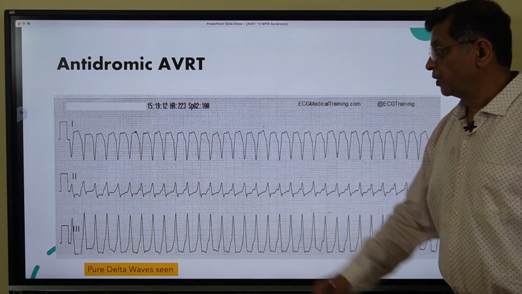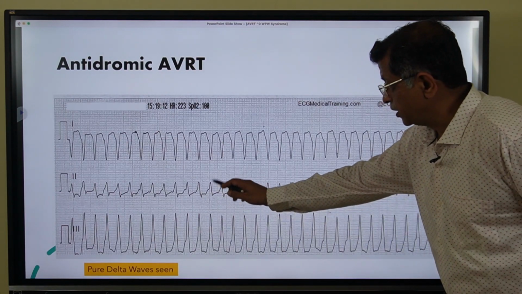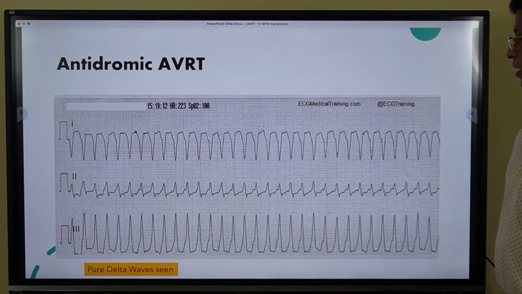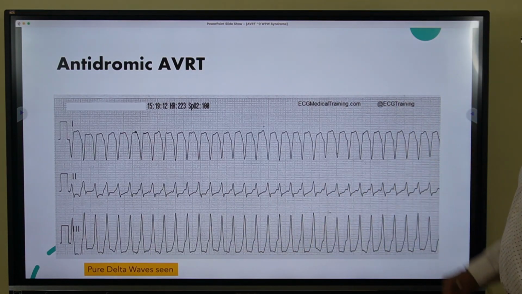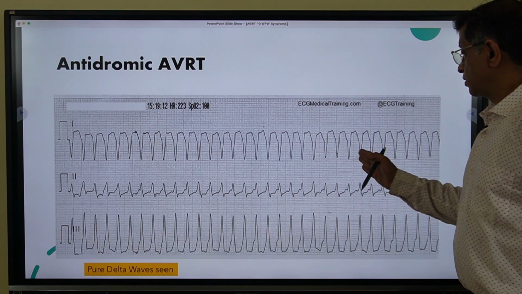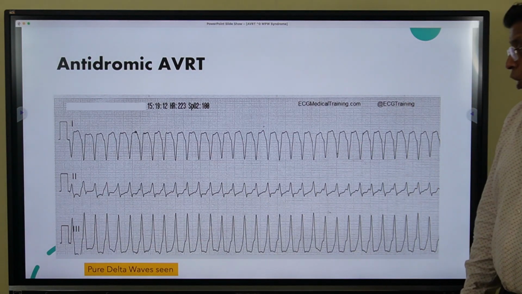So this is antidromic AVRT. You can see typical delta waves, wide QRS complex, and the P waves coming quite late. In this you cannot differentiate the P waves, but they are coming later, or the RP interval is longer.